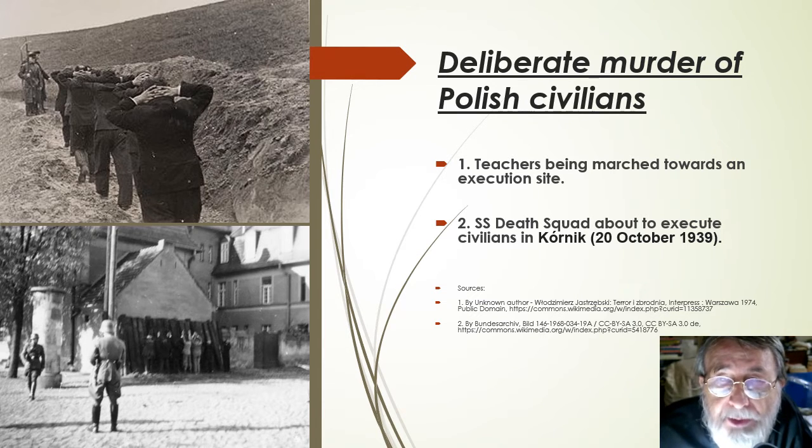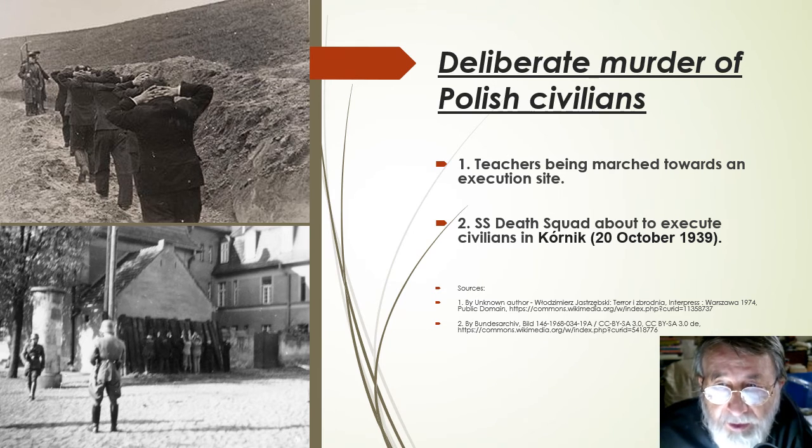Then as soon as the Germans had taken over almost, you started to have abuses of the civilian population. So I don't know the date of the first photograph on the left, but it was very early on. Teachers being marched towards an execution site, the Germans deliberately deciding to get rid of anyone who might possibly organize resistance to them.